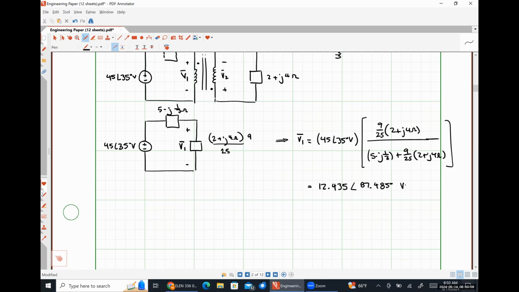Okay, so how would we get our primary current I1 from this?